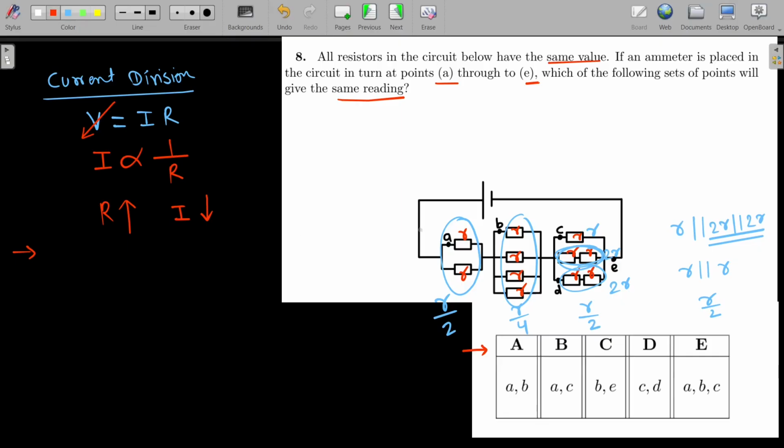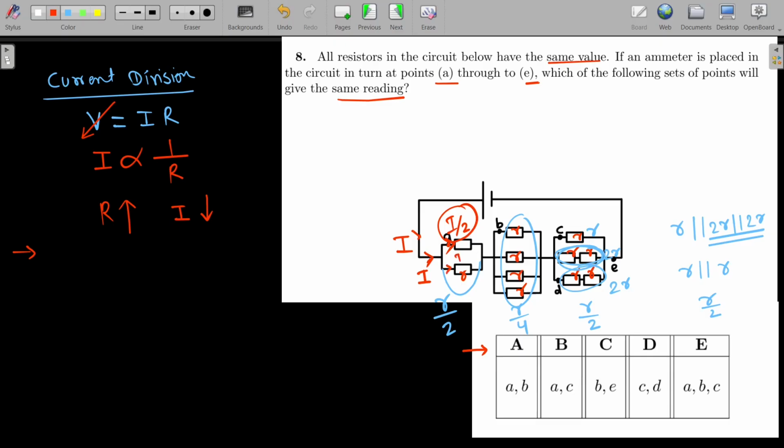Okay. Suppose my current I is flowing in the circuit from the beginning. If we apply our current division rule, obviously in the first branch it will get divided equally, I by 2 and I by 2, right? So at point A, the ammeter will read I by 2.